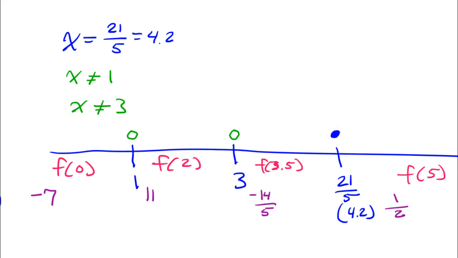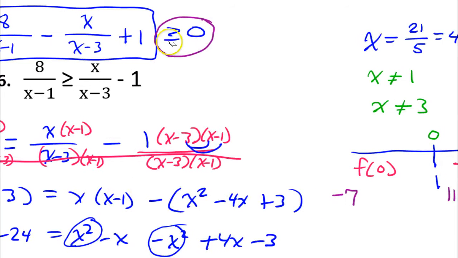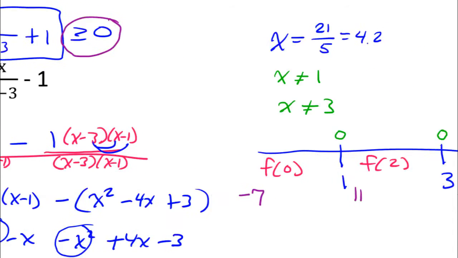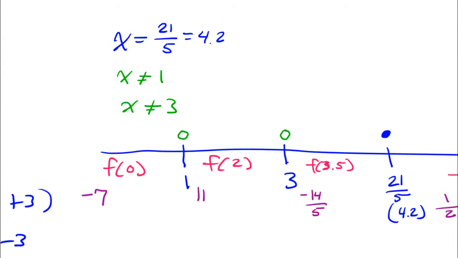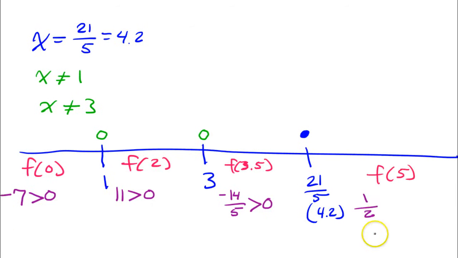Everything else is going to just be greater than, so not equal to. That's why I'm just writing greater than. I mean, it doesn't hurt to put equal to. So greater than 0, greater than 0, greater than 0, greater than 0.